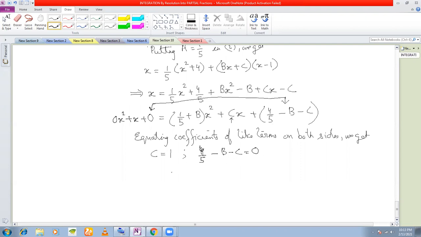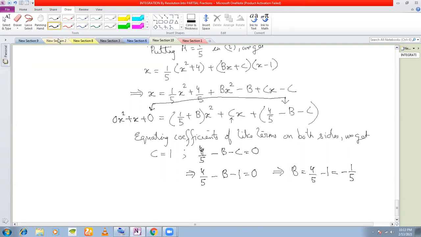Now you can put the value of c here. That means 4 by 5 minus b minus 1 is equal to 0. That means b must be equal to 4 by 5 minus 1, right? So now if you take the LCM, you get b is equal to minus 1 by 5, right?